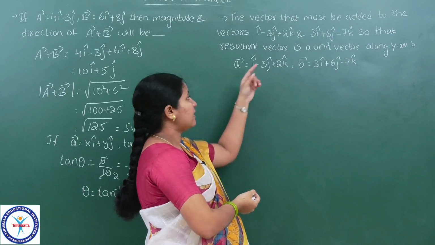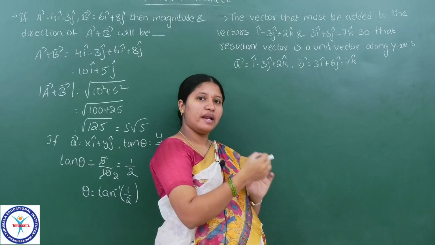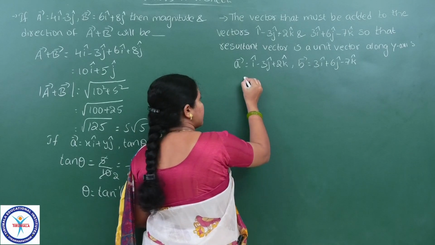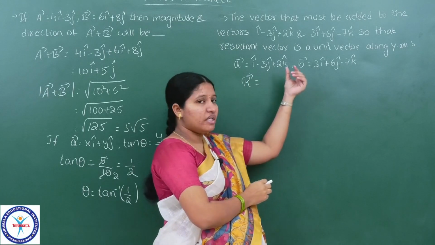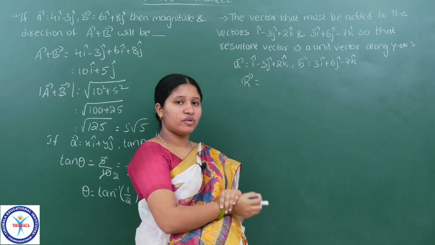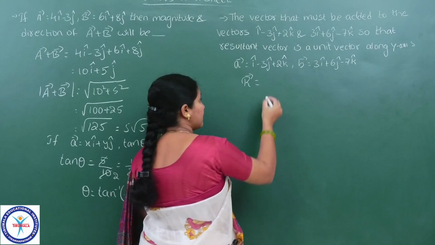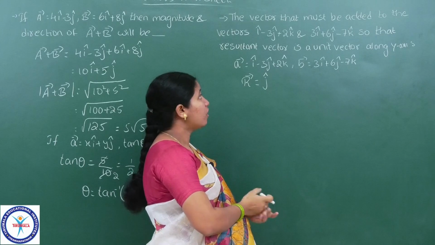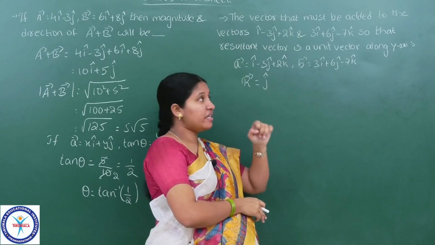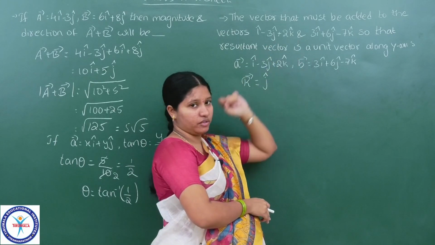The resultant vector is a unit vector along the y axis, so the resultant vector r bar is a unit vector along the y axis. The unit vector along the y axis is j cap.